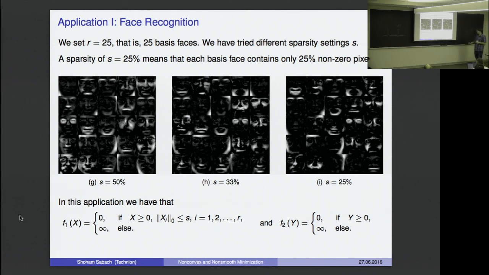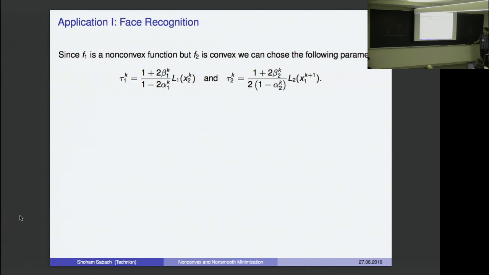So as you can see, in this case, the second function is indeed convex, which means that with respect to the first block, we had to take the parameter tau according to this formula, but with respect to the second block, we can take the parameter tau according to this formula. So we have different ranges for alpha 1 and alpha 2.